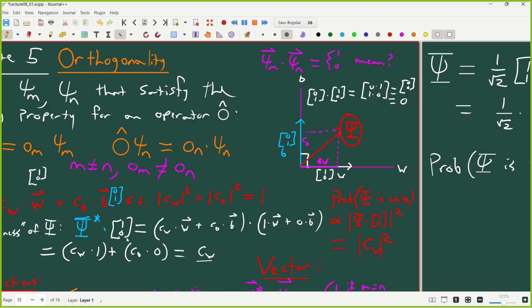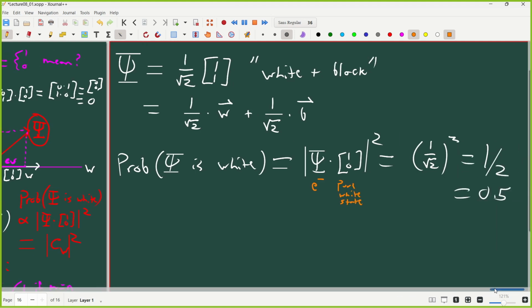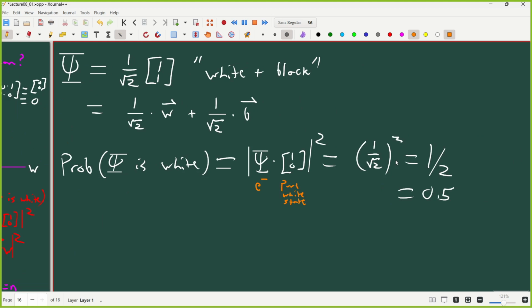So what we do is we use a similarity measurement between two vectors, which is a dot product, right? And it varies between 1 and 0. 0 means they're not similar at all, they're perpendicular, orthogonal, and 1 means they're parallel, they're the same. Right? So the whiteness of our generic electron is just going to be the dot product of our electron with our pure white state. Right? And that just gives us the coefficient on the pure white state, which is 1 over the square root of 2 squared, which is 1/2.